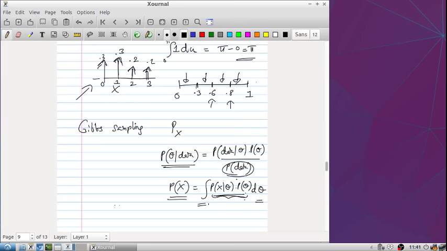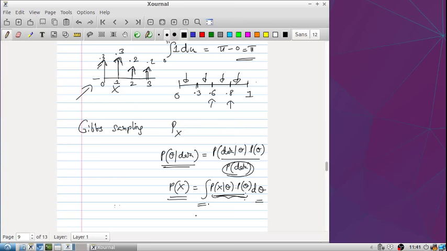Once you see integration, you should quickly think, okay, if I have integration, I can approximate using a Monte Carlo average, right? I can get samples of x for any given theta, if I can get samples of theta. I need to sample theta.